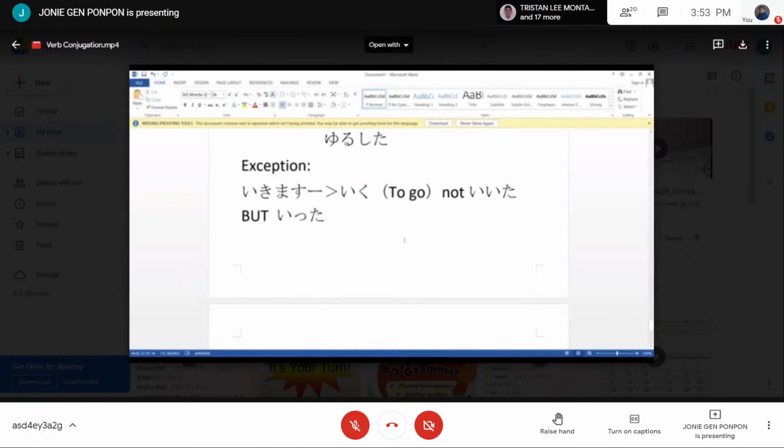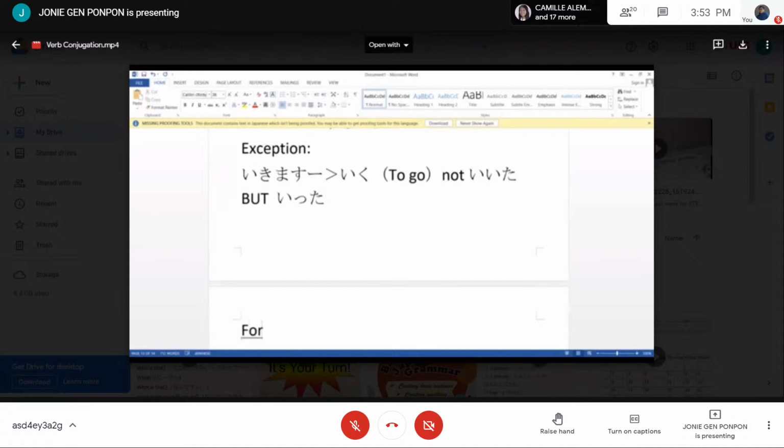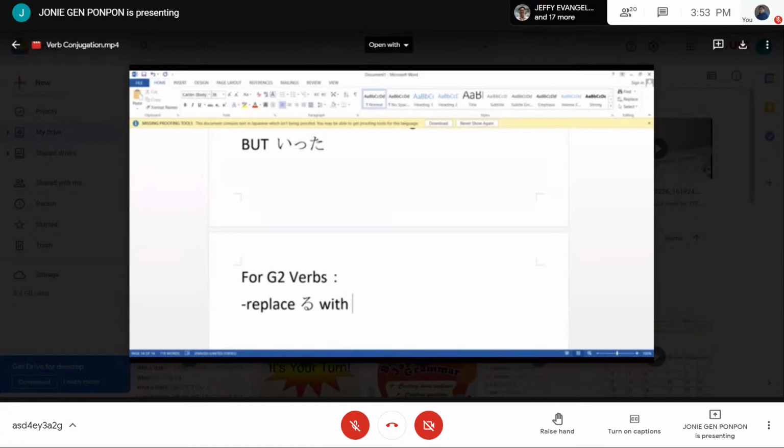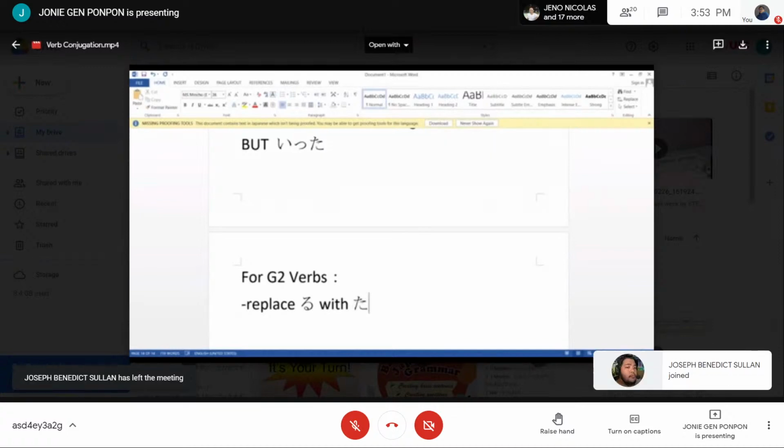Okay? Now, for group 2 verbs. This is also easy. Since all verbs in this group end with ru, just replace ru with ta. Okay, ta.